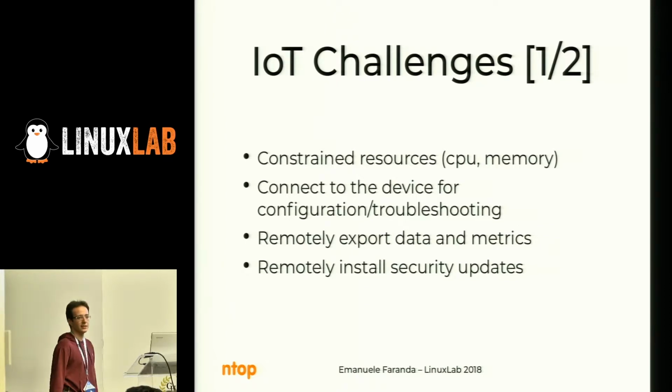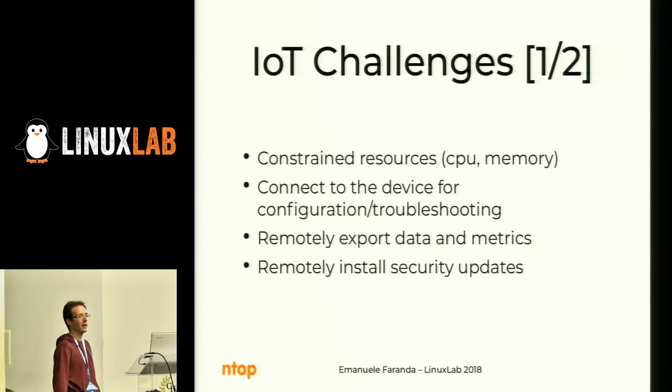So what are the challenges of these IoT devices? The problem is that they are very constrained environments. This is not always true, but they usually have limited memory or CPU resources.